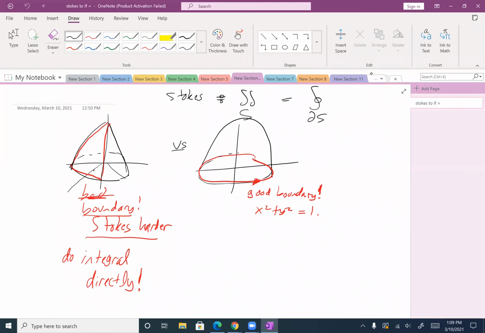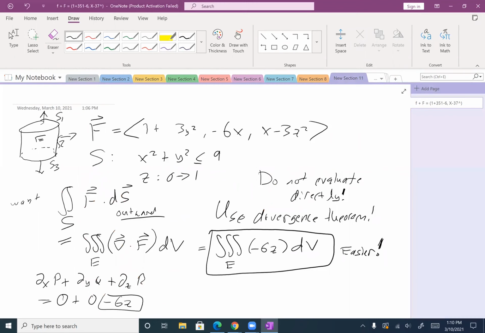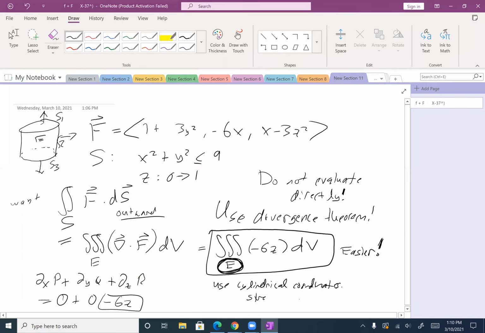I said don't use the integral theorem, but in this case, the domain that you transition to is just an ordinary cylinder. So you can just use cylindrical coordinates for this. And then it's straightforward, because the integrand, of course, is just 6z. It's simplified quite a bit.